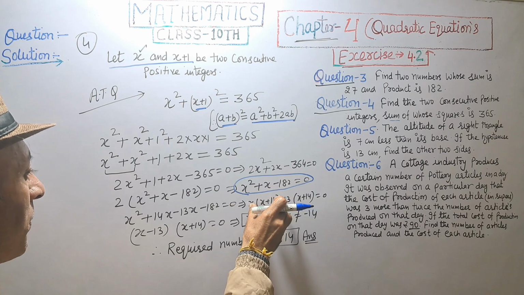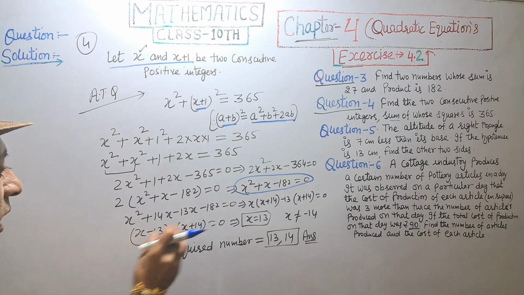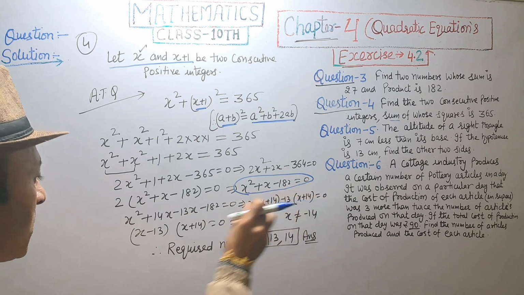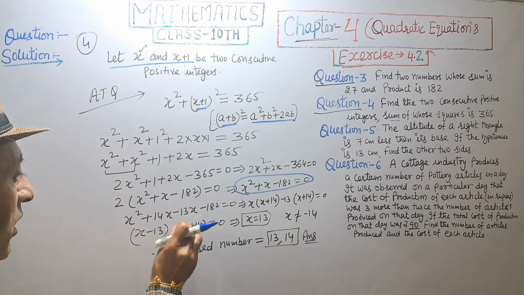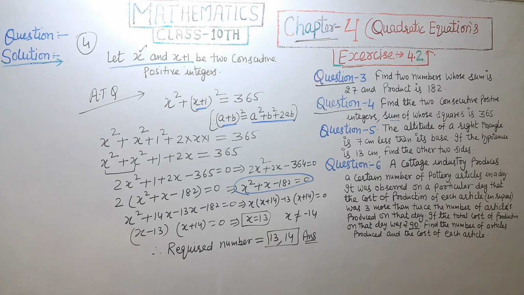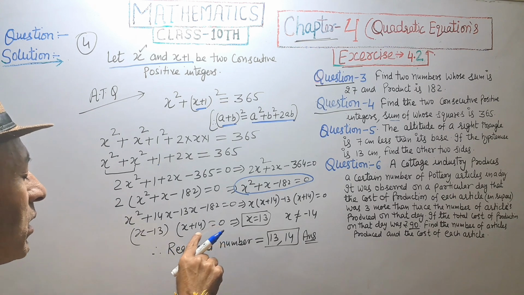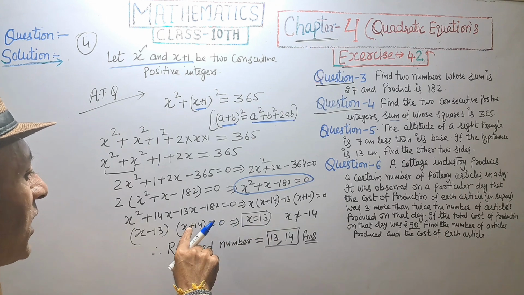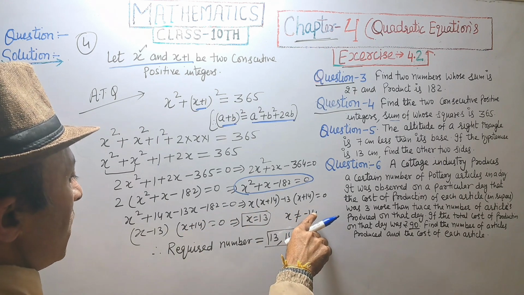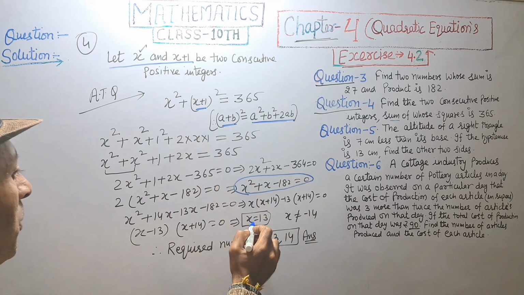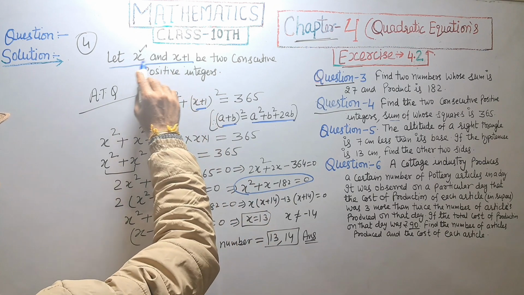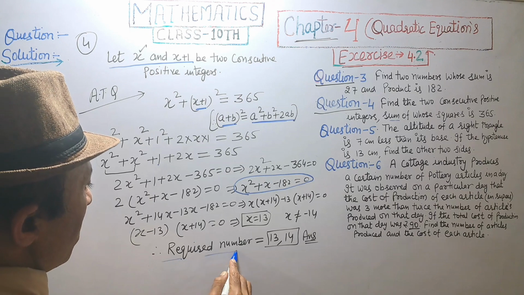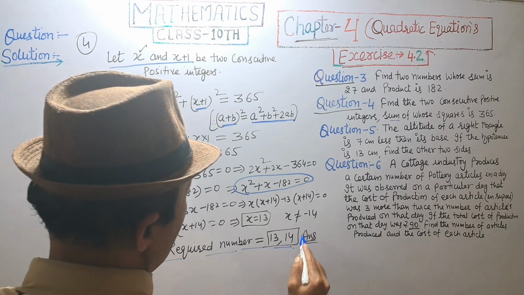So (x minus 13)(x plus 14) equals 0. So x is equal to 13 or x is equal to negative 14, but we take x as positive 13. 13 plus 1 is 14, so the required numbers are 13 and 14.